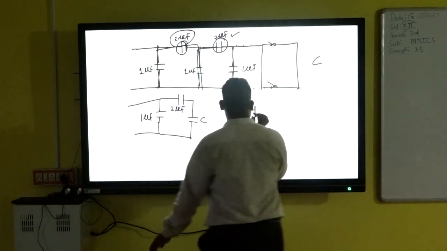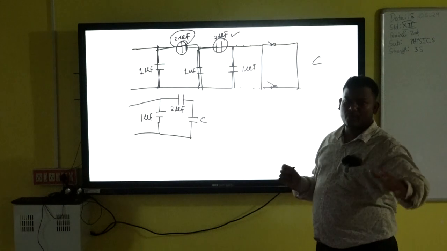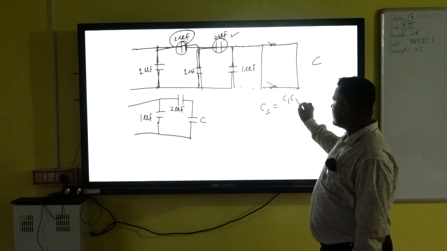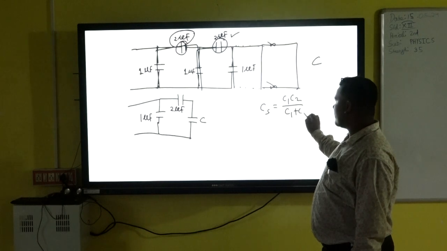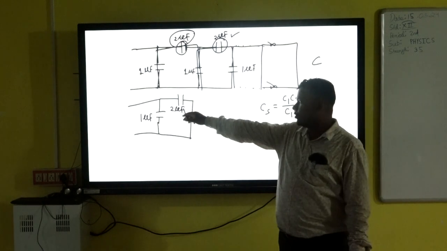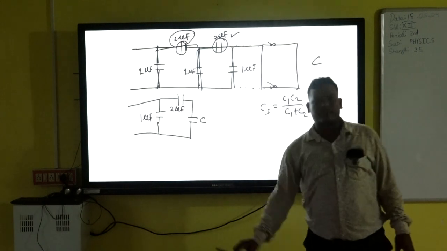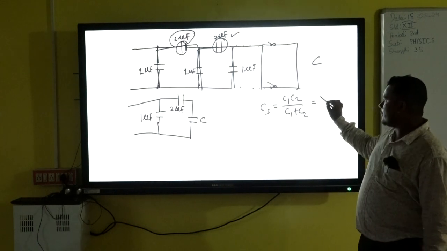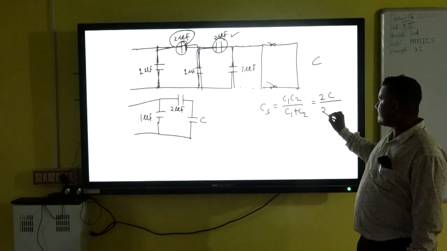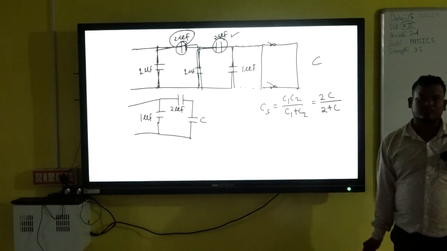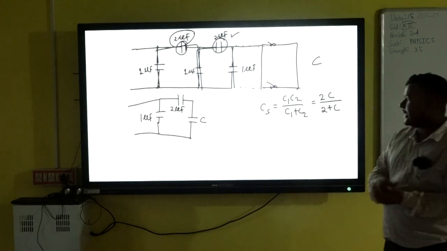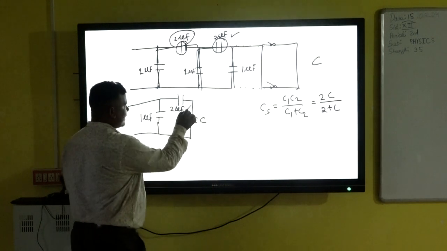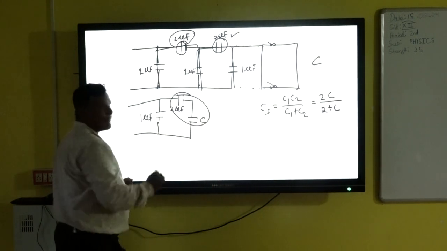What happens in series? The formula I have already taught previously. So Cs equal to C1 C2 by C1 plus C2. If I put in place of C1 2 microfarad and in place of C2 equal to C, then our answer will be 2C by 2 plus C. This is the resultant capacitance of these two capacitors.